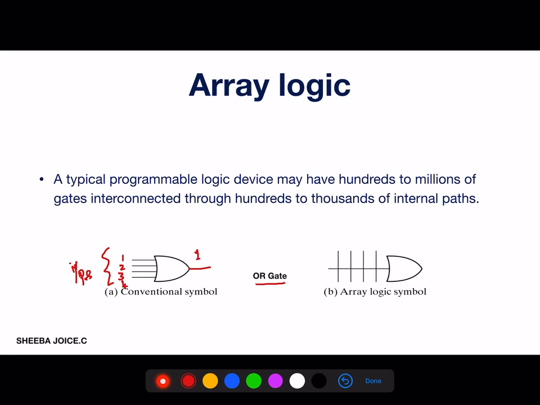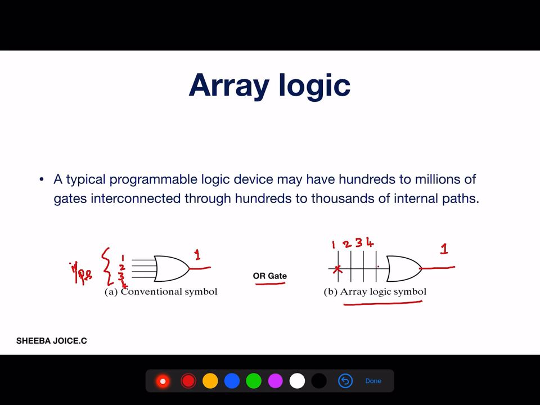When we come to represent an array logic symbol, we need to represent it like this. This is an OR gate where we have 4 inputs as vertical lines and 1 output as usual. If I put a cross mark over input 1 at this position, it represents that I have connected variable 1 to the input of the OR gate.